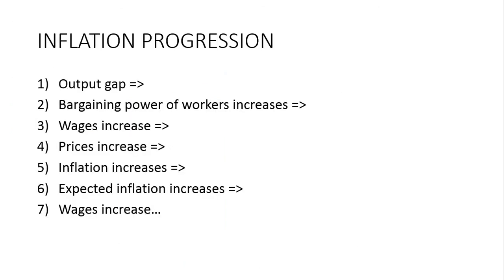So there is a relationship between unemployment and inflation. If there is an output gap, so GDP exceeds long-run potential GDP, then unemployment is smaller than the natural rate of unemployment. If unemployment decreases, then the bargaining power of workers increases. As a result, wages increase.